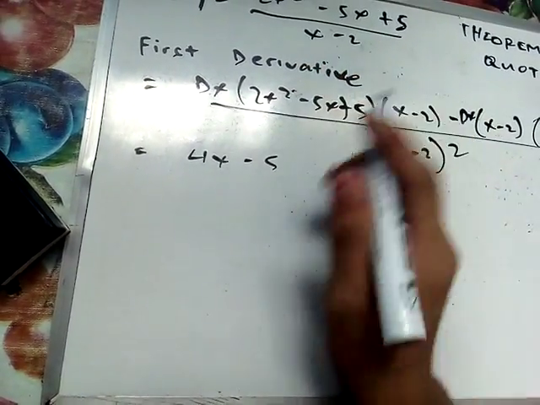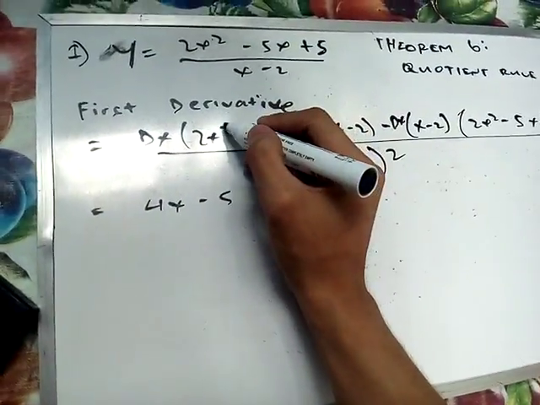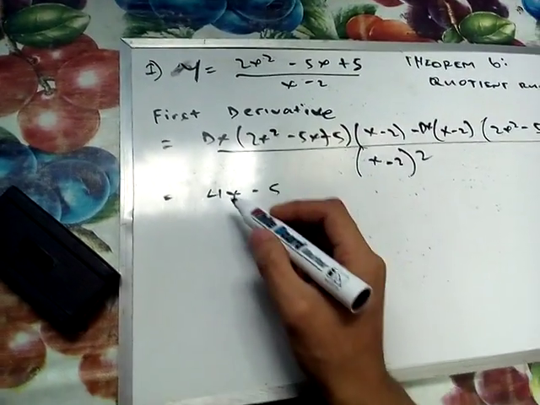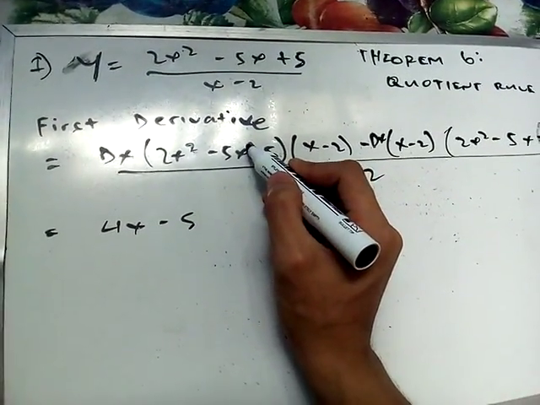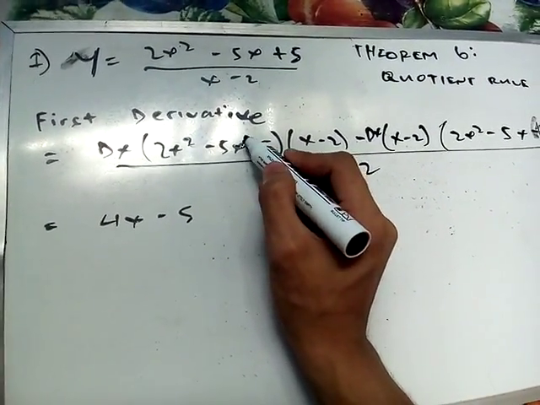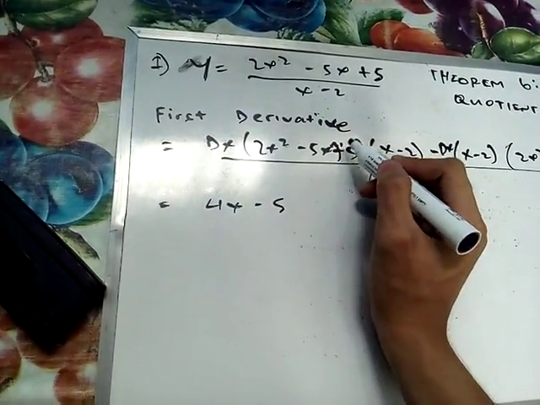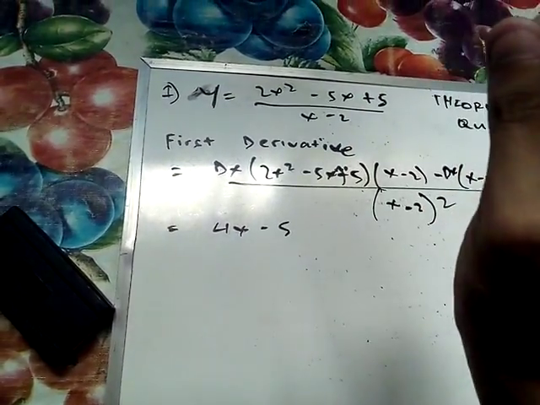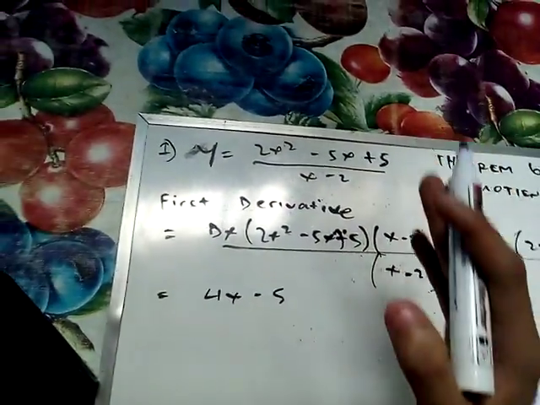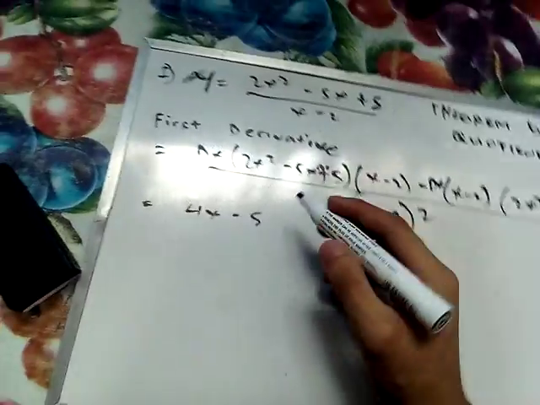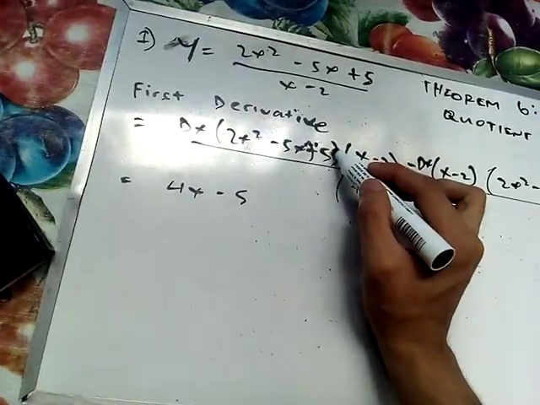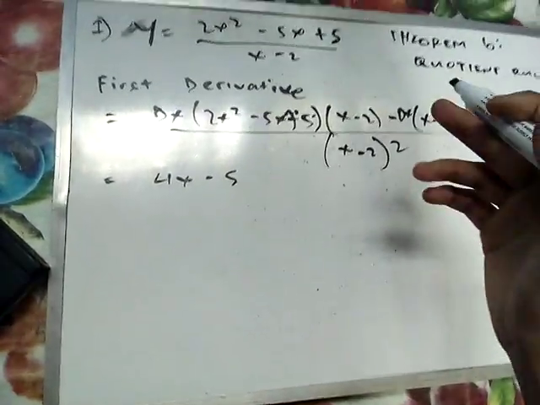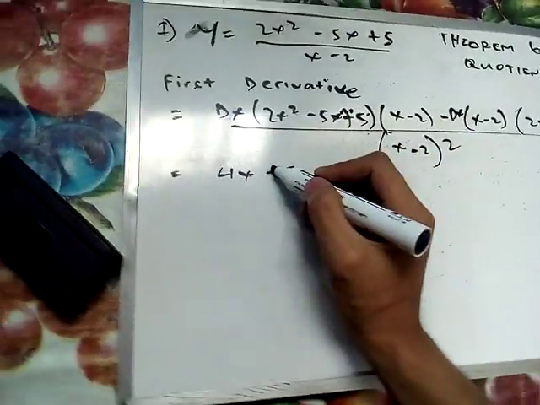So this is what happens: 4x, and then the 5. The exponent of x is 1, so 1 minus 1 is equal to 0. x to the power of 0 is always 1, so 5 times 1 is 5. Then this is a constant, so the derivative of a constant is 0.